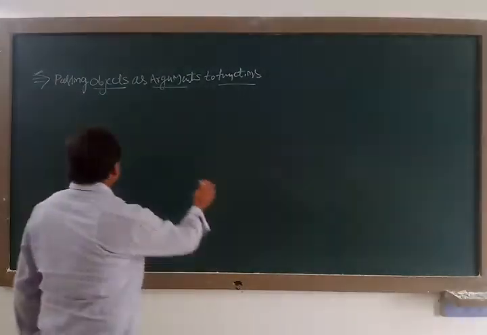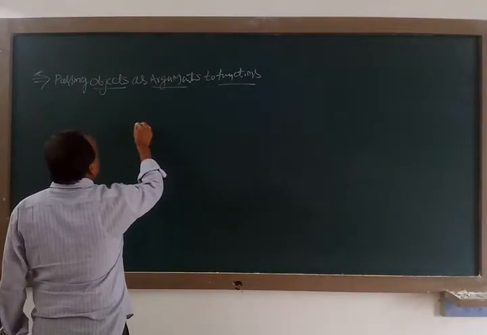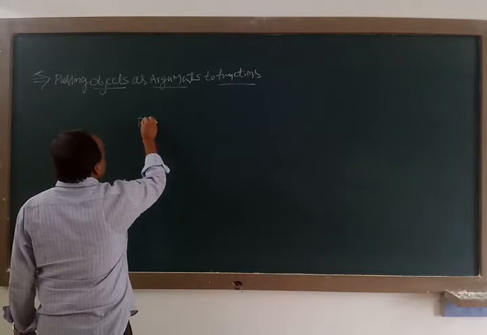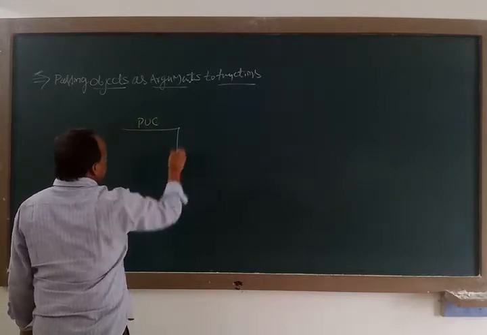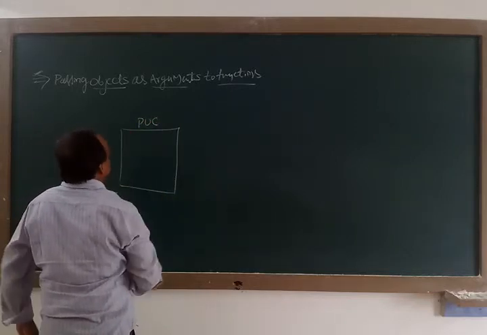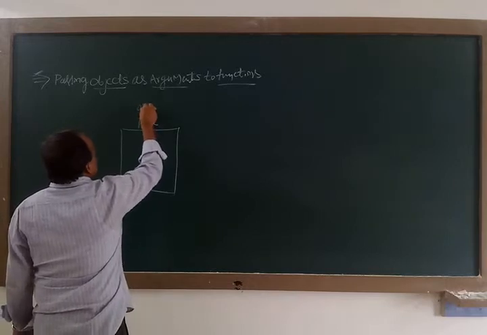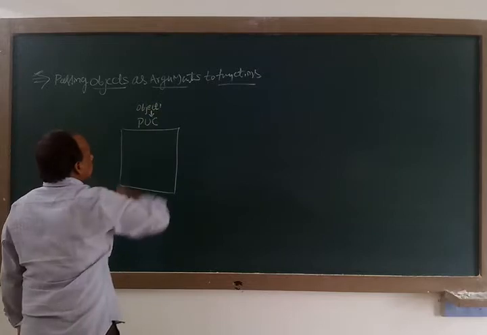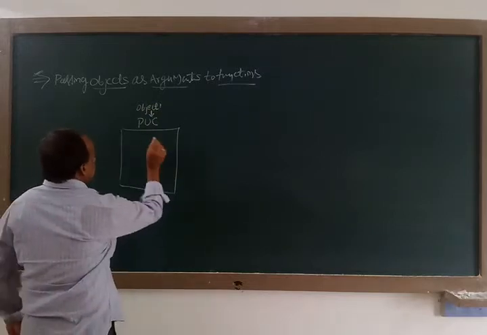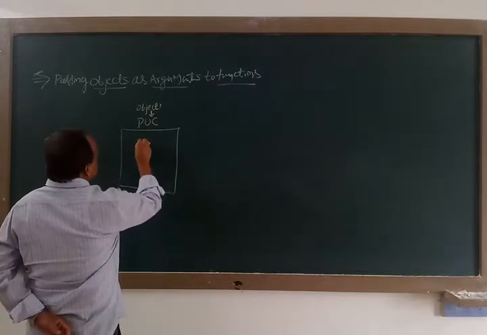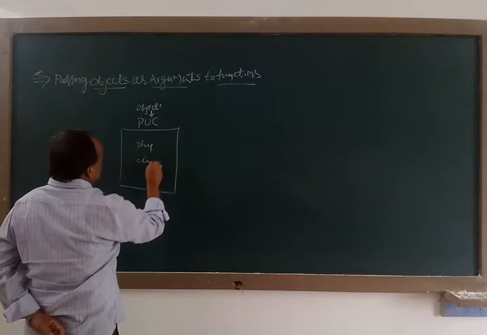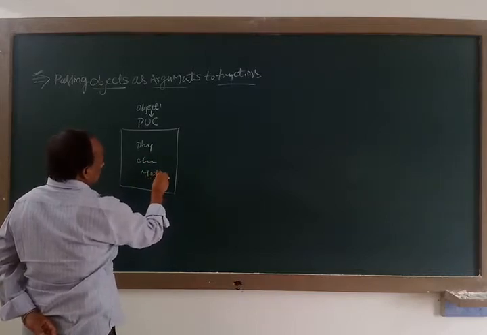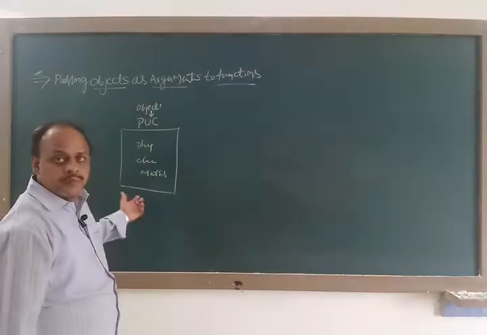Consider three objects. First one is PUC. This is object 1, PUC. It contains three things: physics, chemistry, maths as data members.